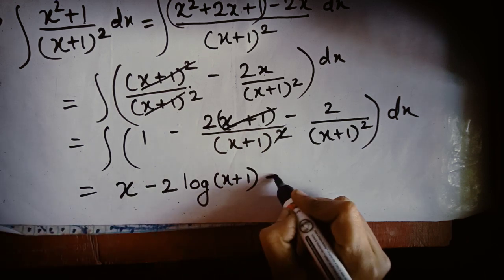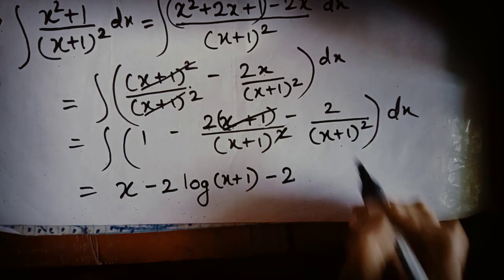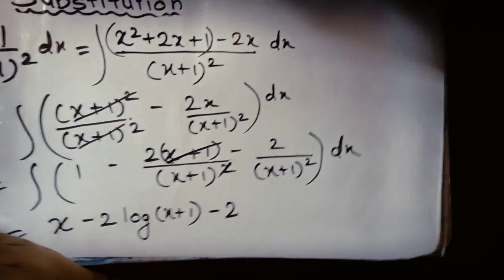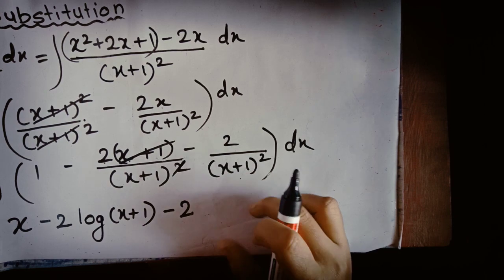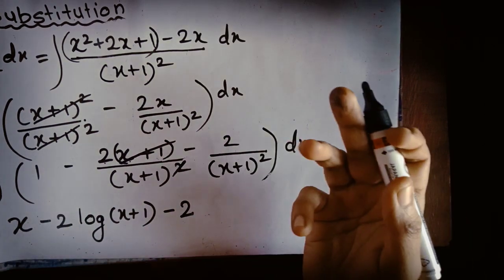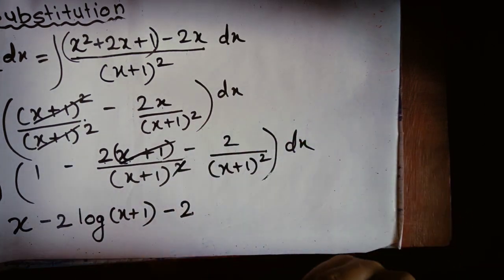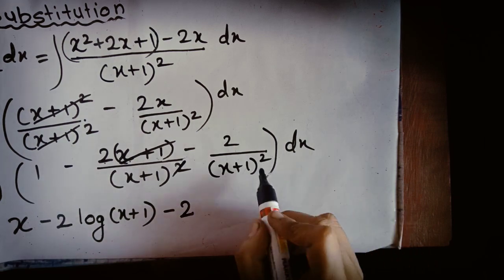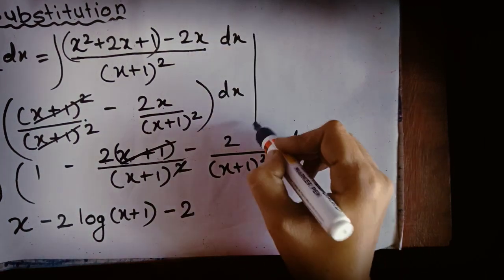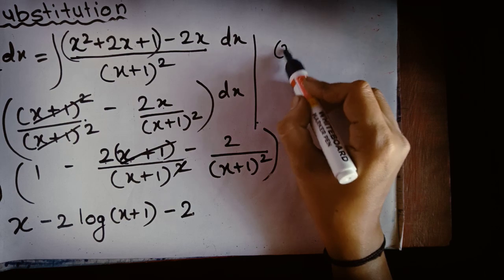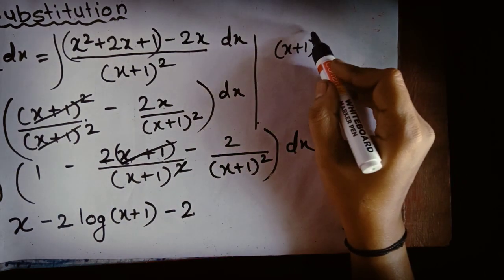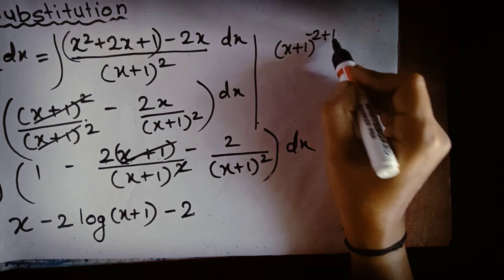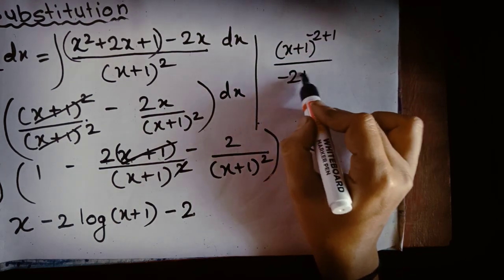Okay, minus 2. Now here for the integration of x plus 1 the whole square, you have to use the standard result, that is x raised to n plus 1 upon n plus 1. So what I will write here is x plus 1, if I take it in the numerator, this will be minus 2. So minus 2 plus 1 upon minus 2 plus 1.